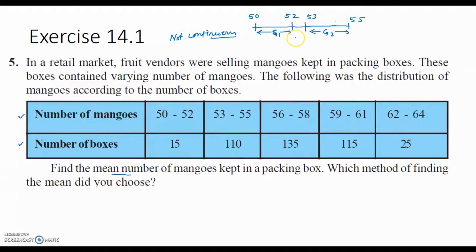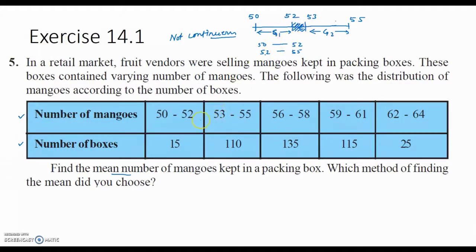What is that gap? This is the gap, between 52 and 53. Usually the class should be 50 to 52, and then the next would be 52 to 55, like that, so that there is continuity. Right now there is a gap between 52 and 53.